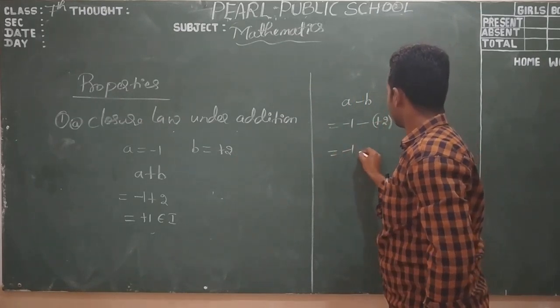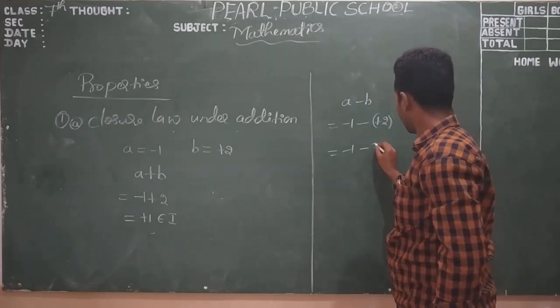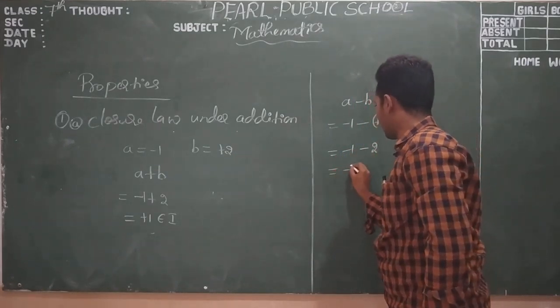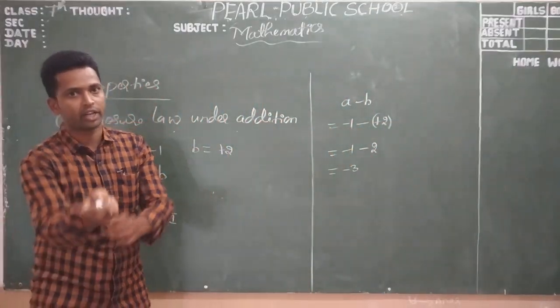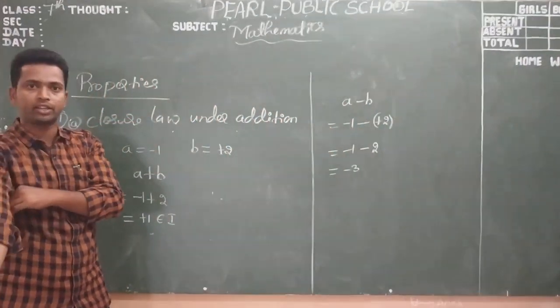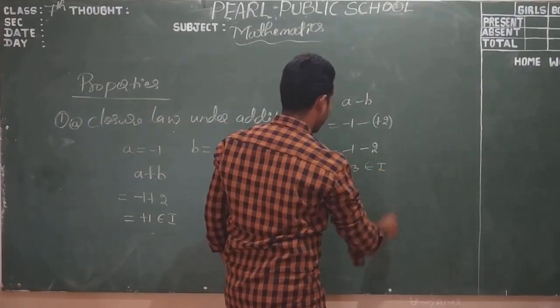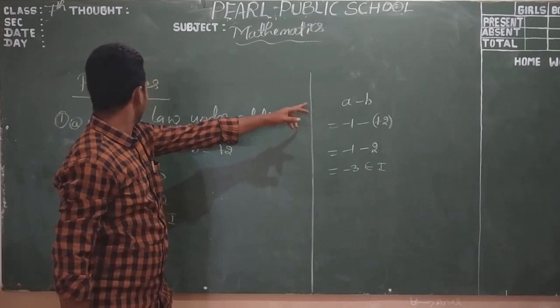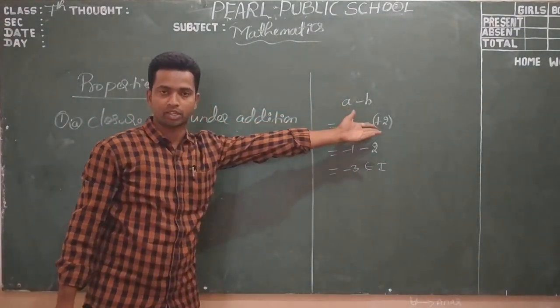So -1, minus of minus is plus, so -1 plus 2... it becomes -3. So this -3 is also included in the set of integers, so it belongs to I. Okay. So the closure law holds good under subtraction also.